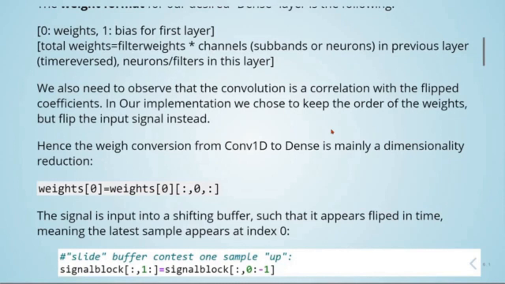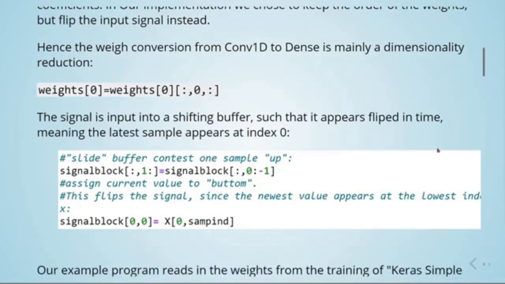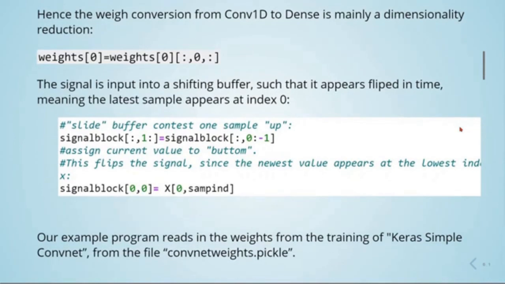So here, the weight conversion from convolution 1D to dense is mainly a dimensionality reduction. The signal is input into a shifting buffer, so that it appears to be flipped in time, meaning that the latest sample appears at index 0, and this is what we are doing here. So this slide buffer contains a one sample up.